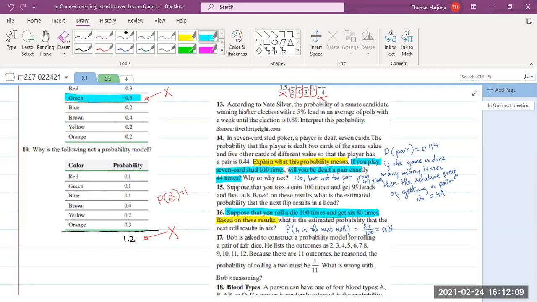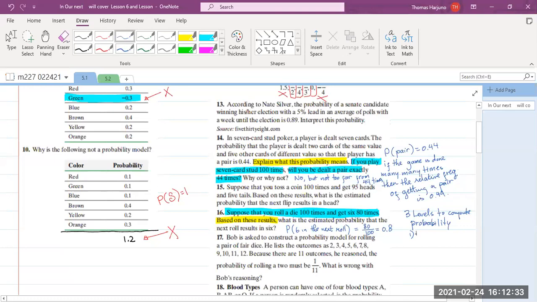Now remember, in my lesson, I described that there are three methods, three levels, to compute probability. The first one is relative frequency.